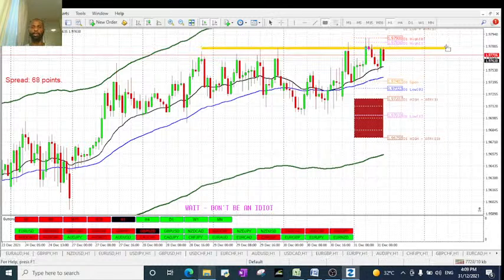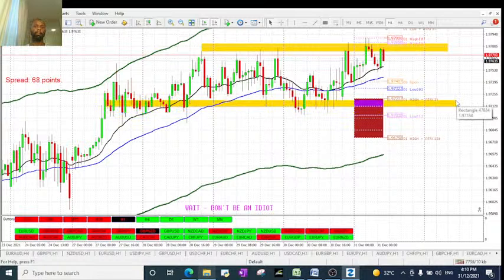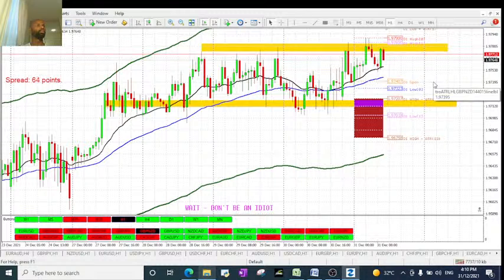We are in a massive range. Uptrend, but weak uptrend. Okay, pound New Zealand.